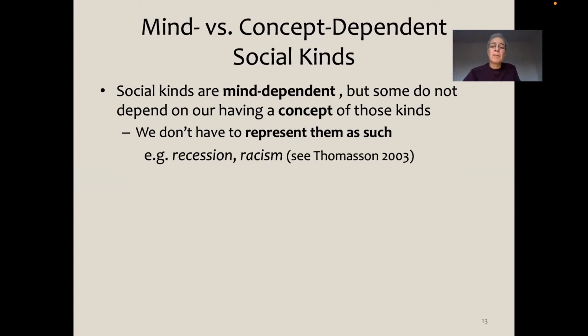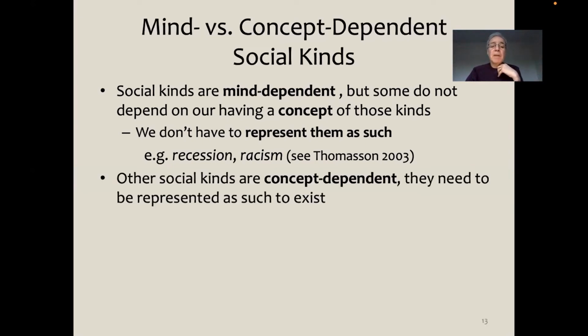So the philosopher Amy Thomasson has some nice examples of kinds like recession or racism that may be manifested in the world without anyone having a concept of them or representing them as such. So there can be an economic recession, and presumably there were economic recessions, perhaps before economists came up with the concept of recession.